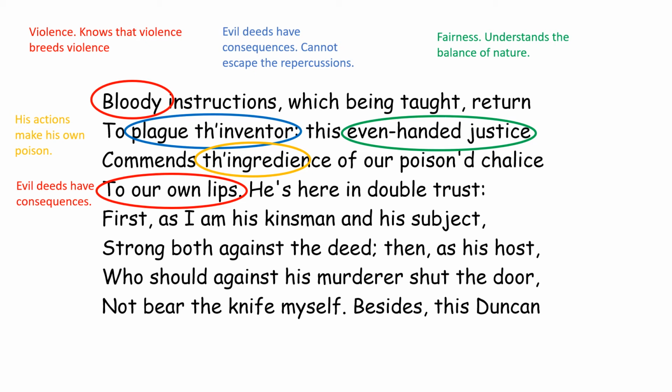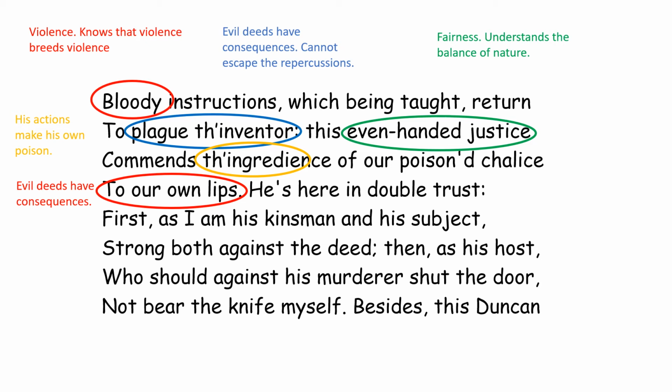So what he's doing is he is creating the repercussions for himself. He knows he's not going to be able to escape them. And at some point, he's going to have to drink this fluid, and it is going to be distasteful. It is not going to taste good when he has to drink that poison. So he realizes that those evil deeds have consequences, consequences that he will not be able to escape.